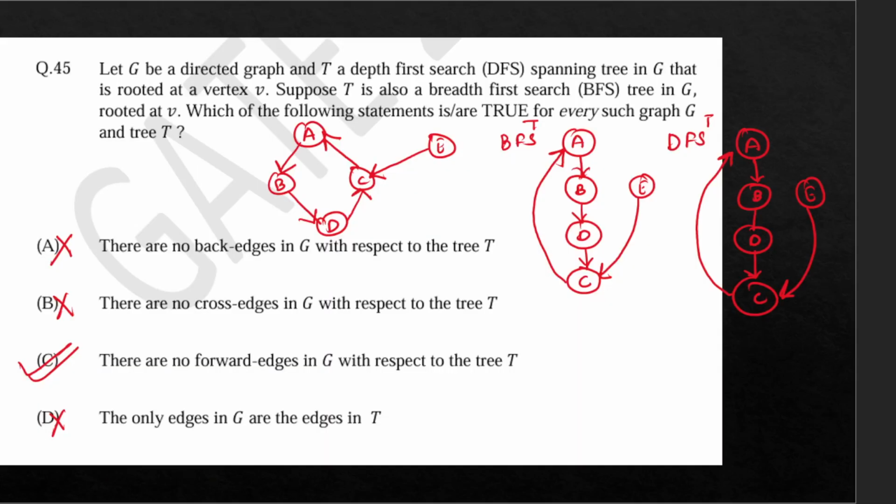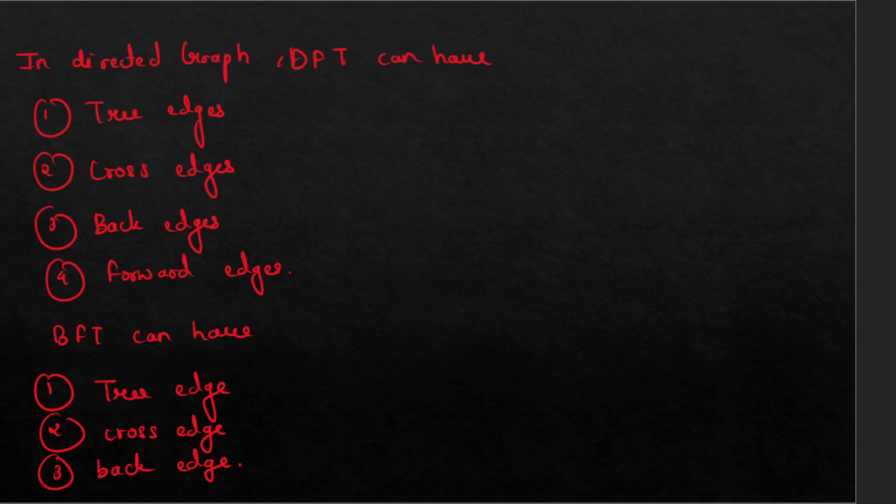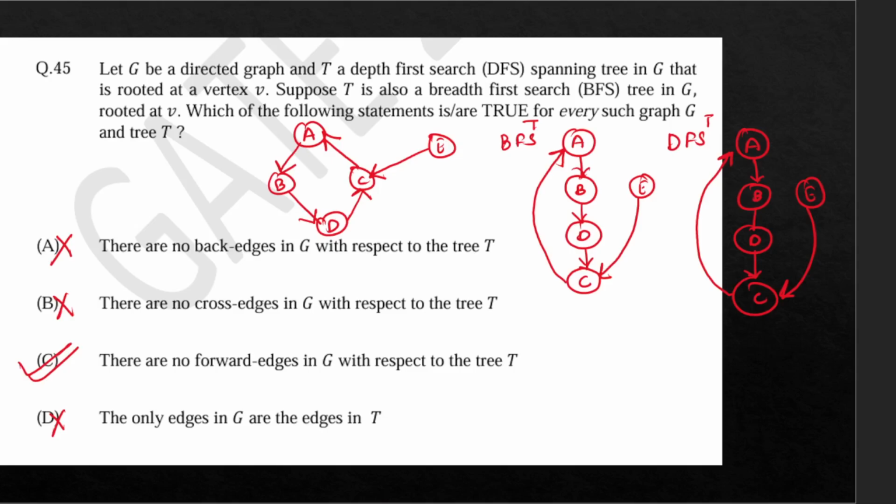As in this case we don't have forward edges, that is why it is similar to BFS. So that is why the graph G having tree T such that it is both a BFS and DFS tree cannot have a forward edge with respect to T. So D we have easily eliminated, and that is why C is the only option which is absolutely correct here.